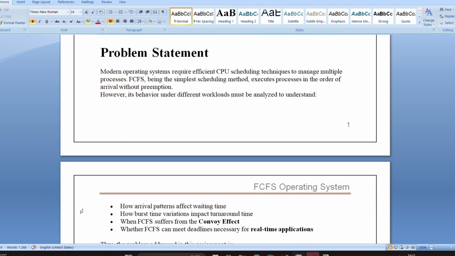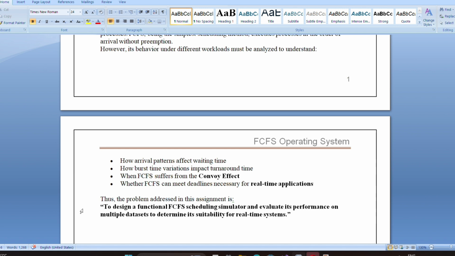Problem statement: modern operating systems require efficient CPU scheduling techniques to manage multiple processes. FCFS being the simplest scheduling method, it is the first method we are calculating. Execute processes in the order of arrival without preemption.